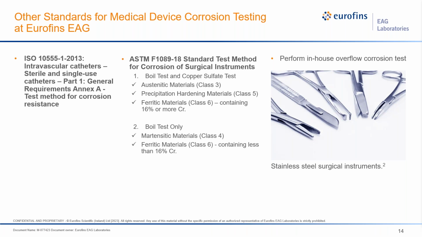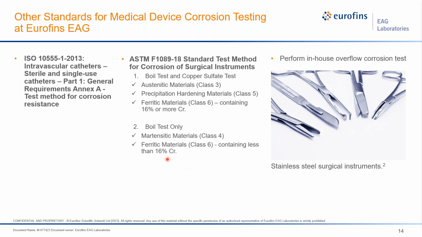So as you can see, the Boyle test is used for austenitic materials, class B, precipitation hardened materials, class 5, and ferritic materials, class A, containing 16% or more chromium. So in these three incidences, both the Boyle test and the copper sulfate test must be executed.